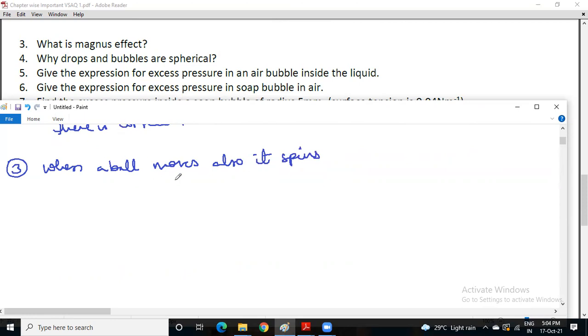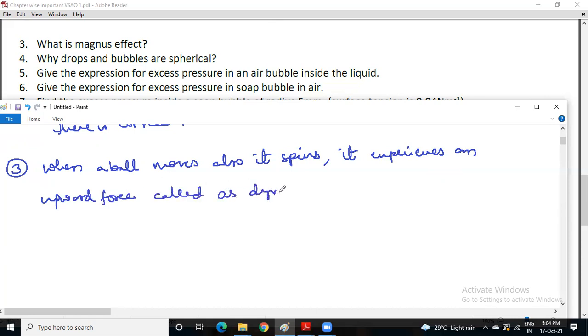So while moving, the ball spins, it experiences an upward force called dynamic lift.